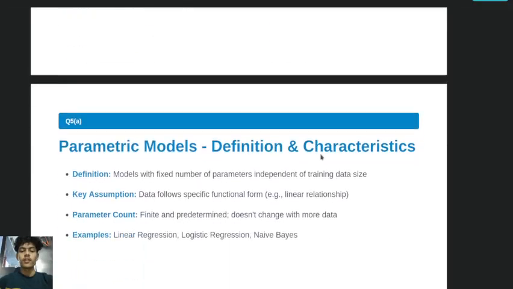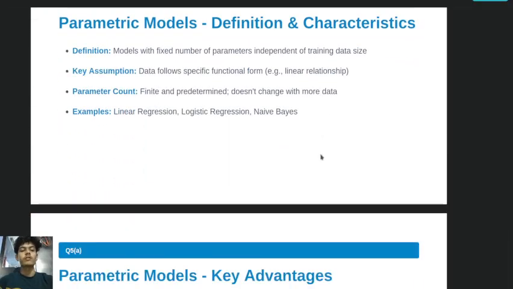Parametric models are models with a fixed number of parameters independent of training data size, with a specific function form, finite and predetermined, and it doesn't change with more data. Examples are linear regression and logistic regression.